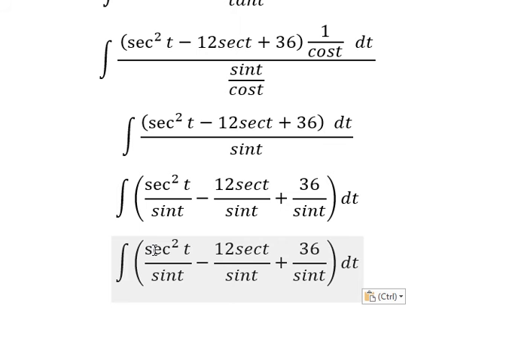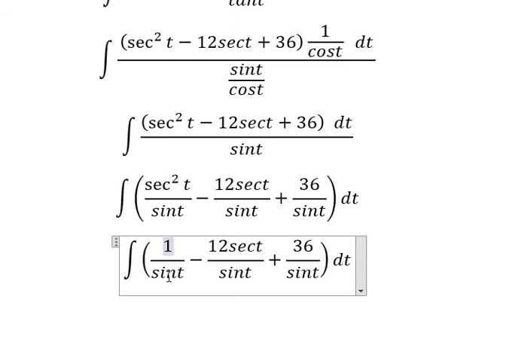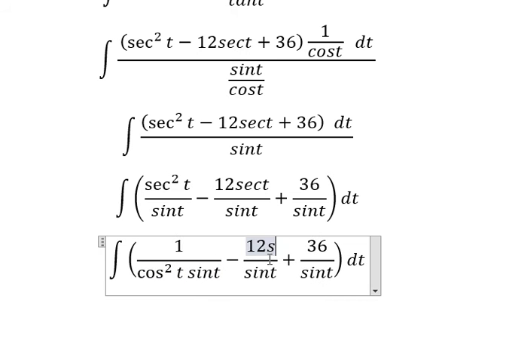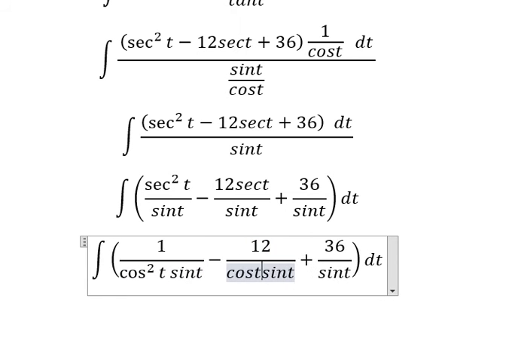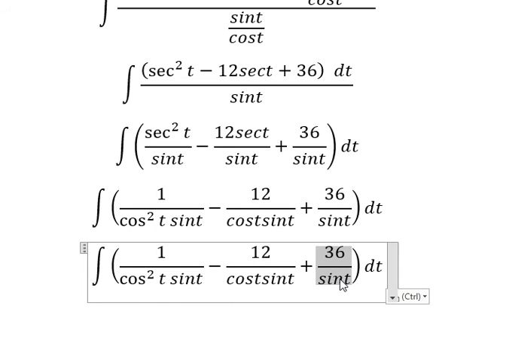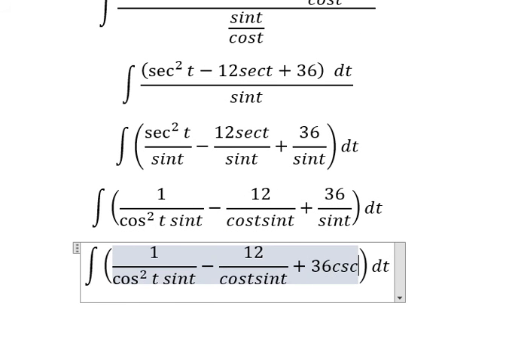We know that secant t squared we change to 1 over cosine t squared. Secant of t we change to 1 over cosine t. And this one we change to 36 cosecant of t.